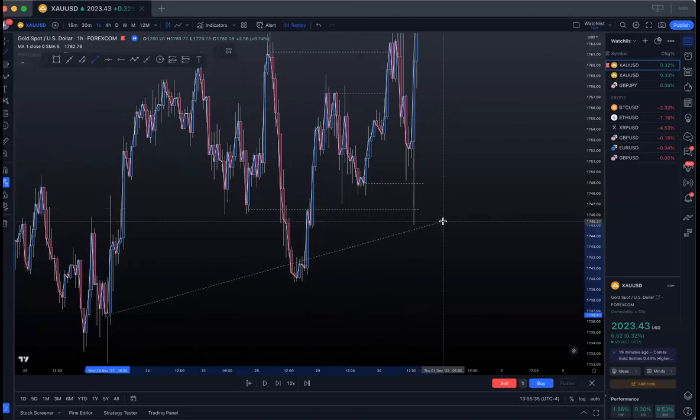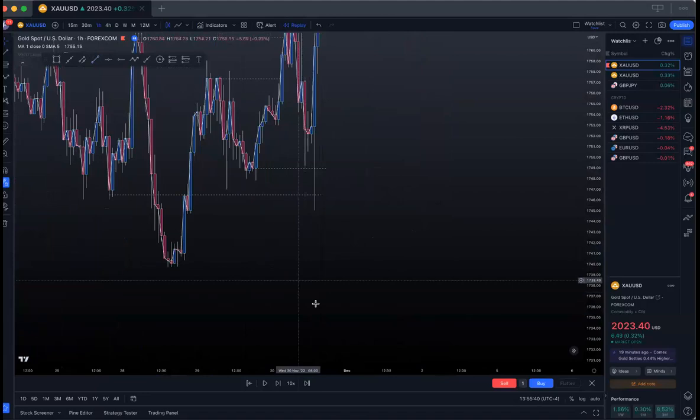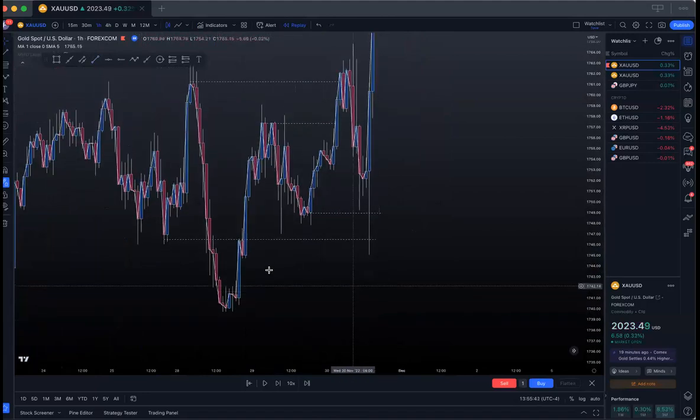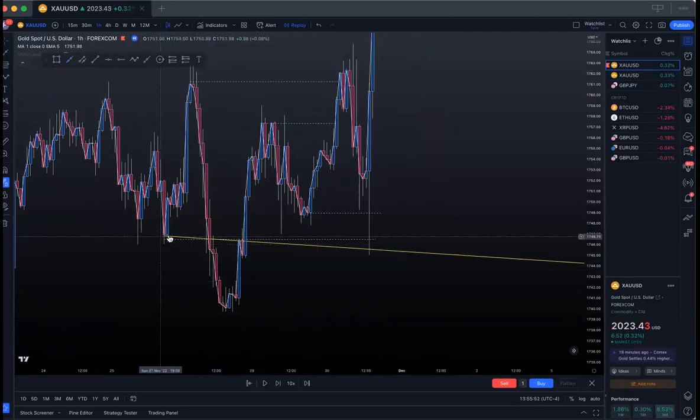If I could see one trend line in this time frame, let's see. There's one here. Yeah, that's your trend line right there. One tap, two tap, three tap.